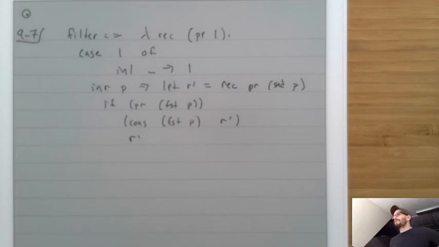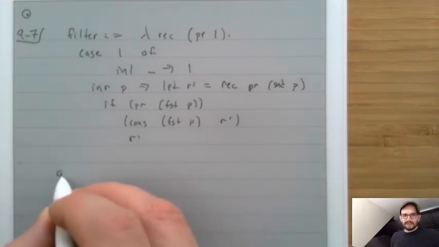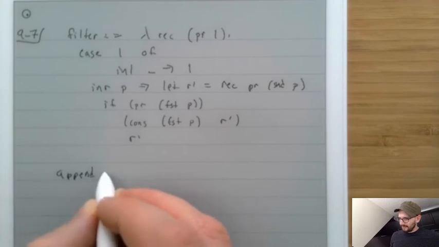So we can do length, we can do filter, we could write append to append two lists together.